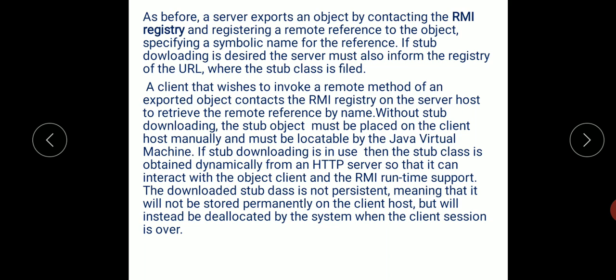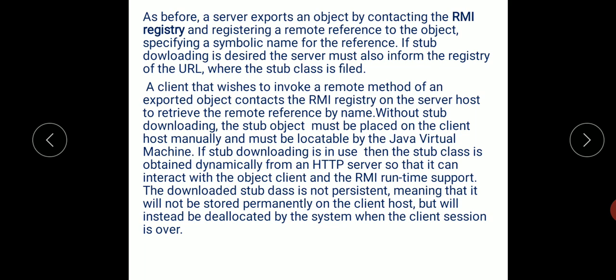So if we are not using the concept of stub downloading, the stub file should be there on the client host. That should be placed manually on the client host and should be locatable by the Java virtual machine.